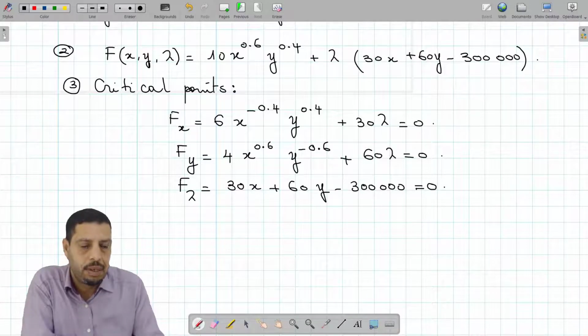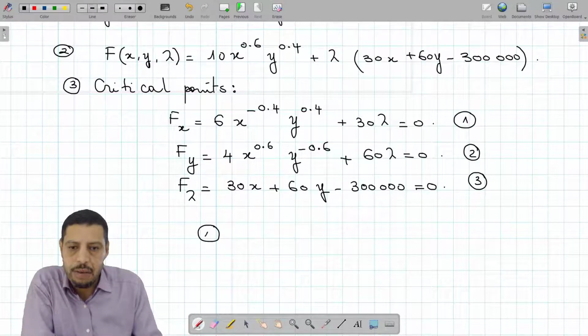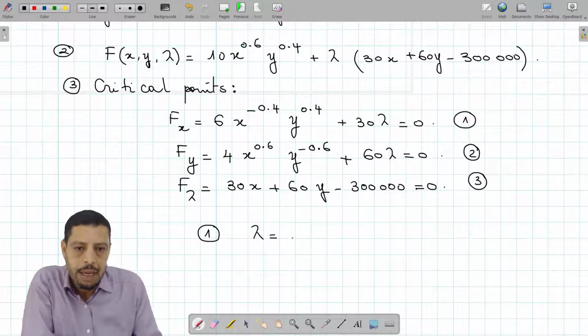Okay, so let's do it. First, second, third equation. From the first equation, we'll get that lambda equals negative 6x to the power of negative 0.4, y to the power of 0.4 over 30.